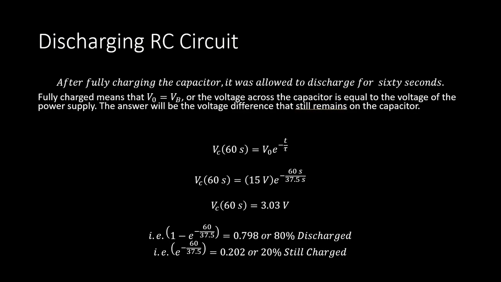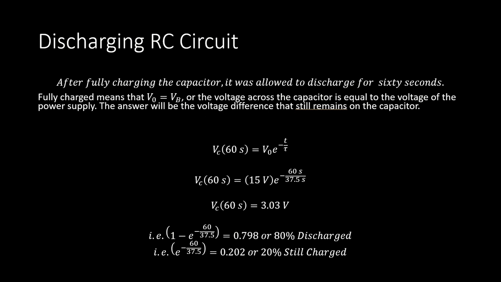Now let's say we allowed our capacitor to run for a significantly long amount of time. We allowed it to charge effectively all the way to the voltage supply of our battery. After fully charging the capacitor, it was allowed to discharge for 60 seconds.